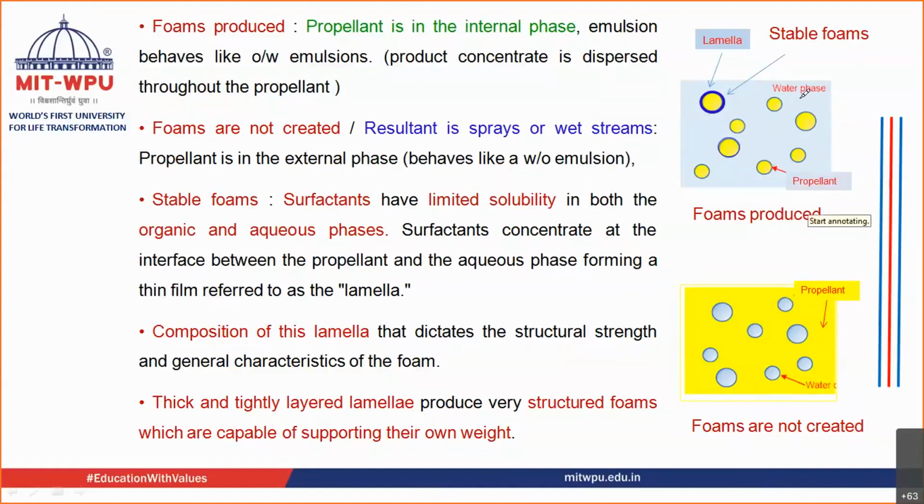When you have this kind of a system, the foams are produced. Whereas if you have a system whereby the propellant is in a continuous phase and water is in a dispersed phase, in this type of system, the foams are not produced.